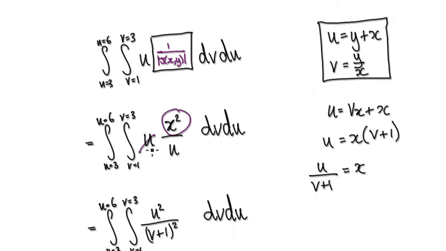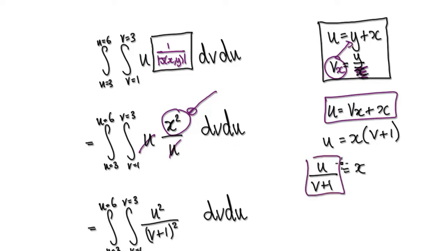We would need to work in terms of u and v. So looking at these two, let's eliminate y. Times both sides by x, and then put this into the y here. That will give us this thing here. So basically make x the subject now. So x equals this thing here. So x squared would be this whole thing squared. So we can put this whole thing into here, and that will give us this thing here.